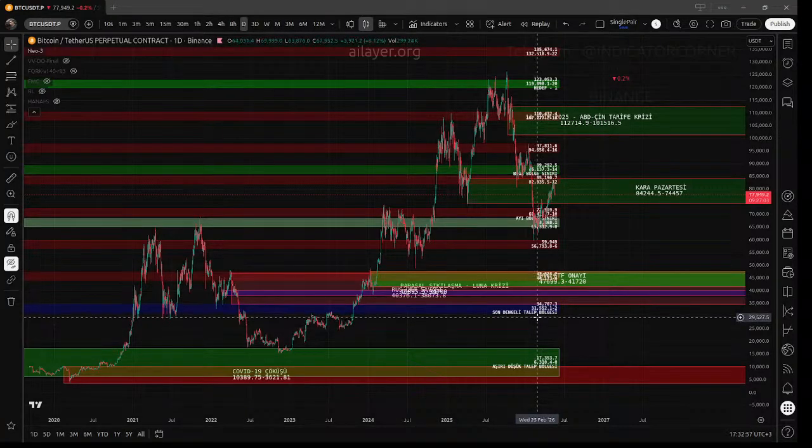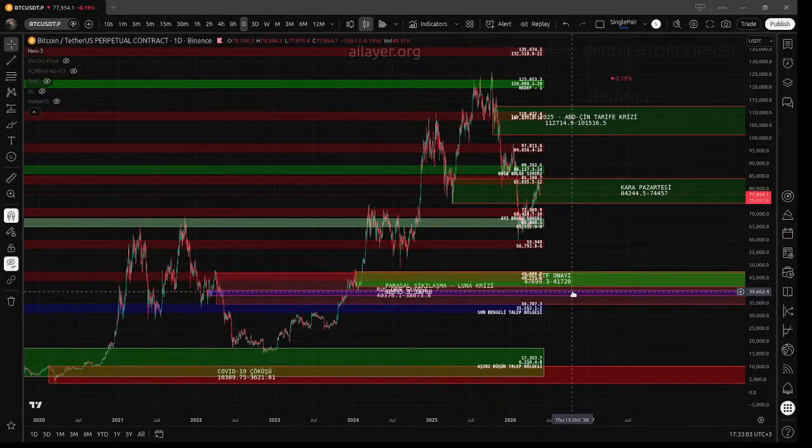And the extreme scenarios, now we need to discuss the lower projection. We don't want to see it, but what if we have to see it? The chart shows an extended bearish path toward the deep demand region under 20K. It's between 16,000 and 17,000.